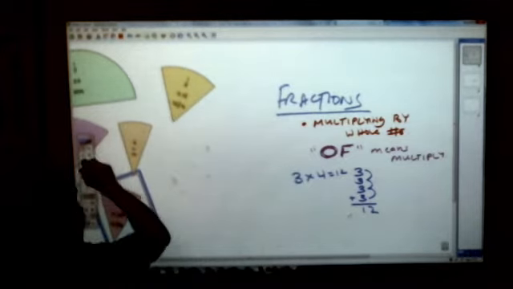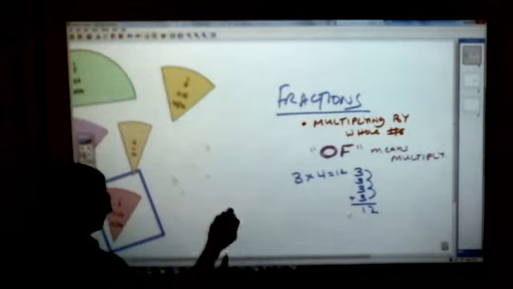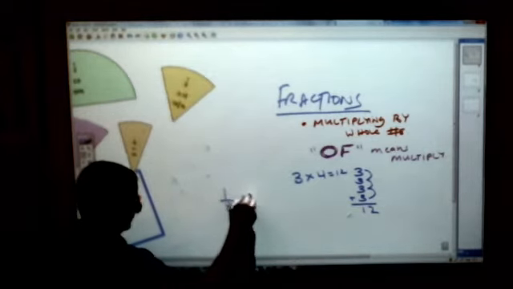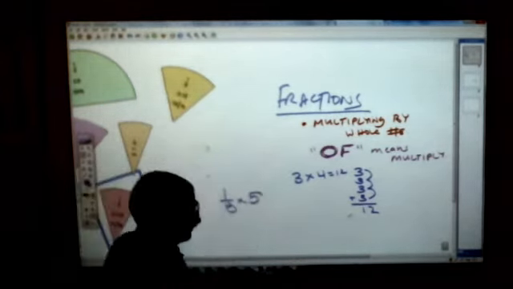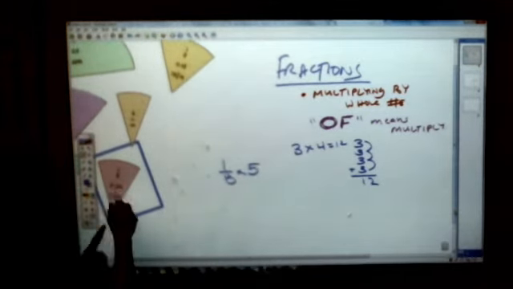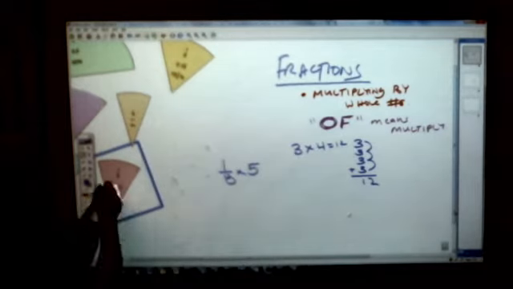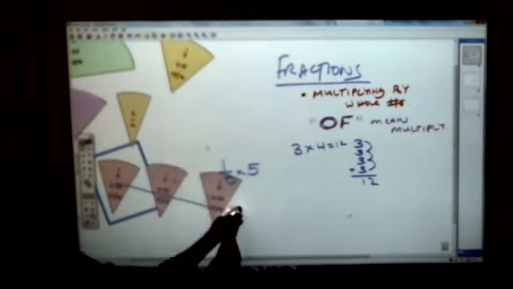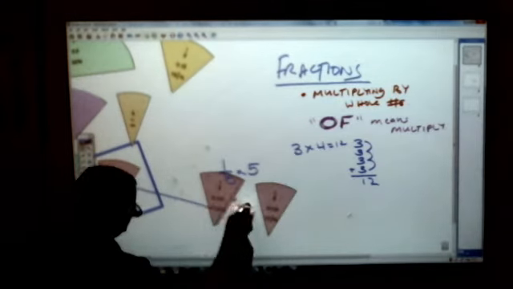Let's say that my problem is 1/8 times 5. You wouldn't want to do this, but one way to do that is simply to take 5 of these 1/8s and add them together.